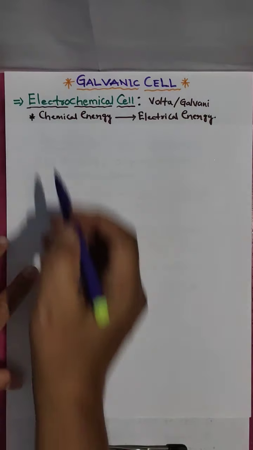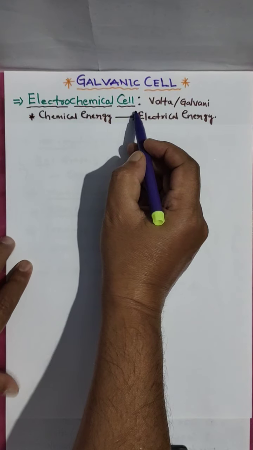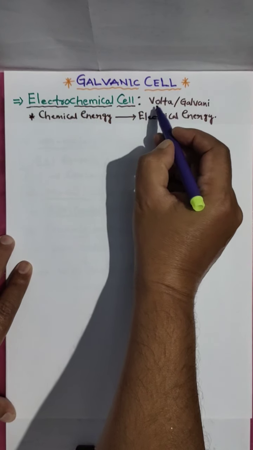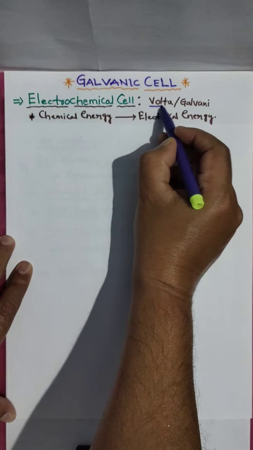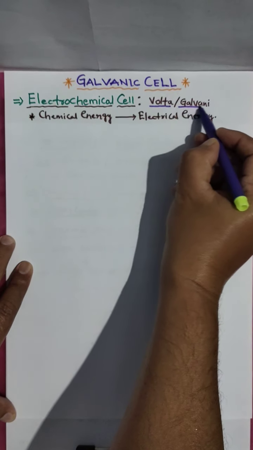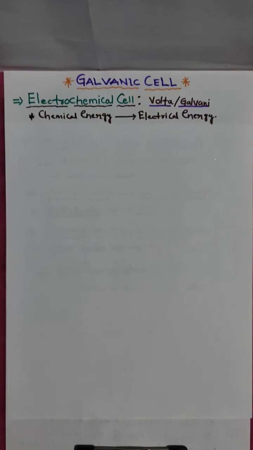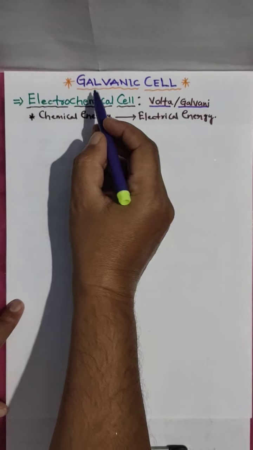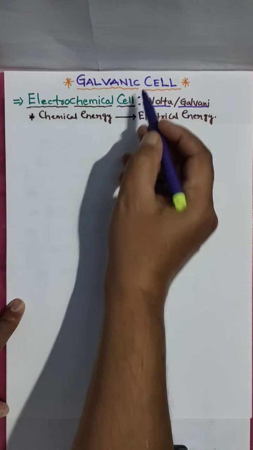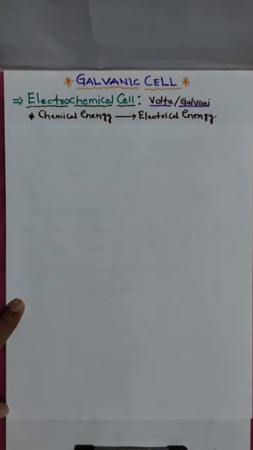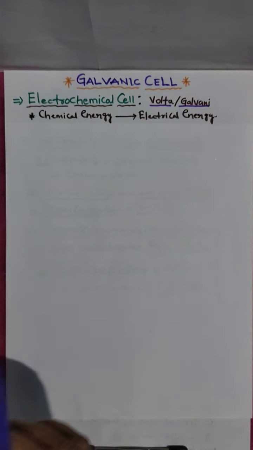See, the first electrochemical cell was designed by the great scientists Volta and Galvani. That's why the cell is called a galvanic cell or voltaic cell. Galvanic cell, voltaic cell, both are the same.